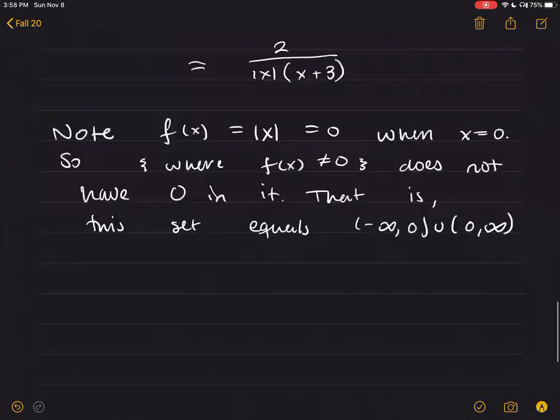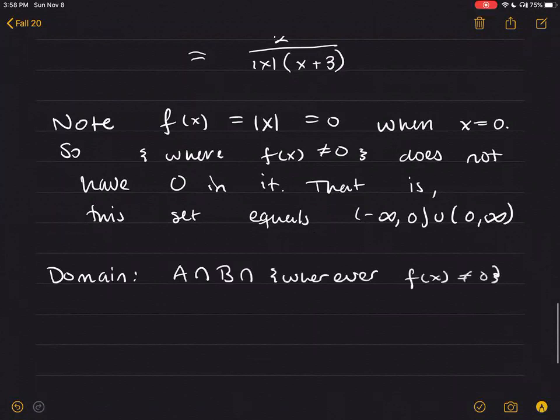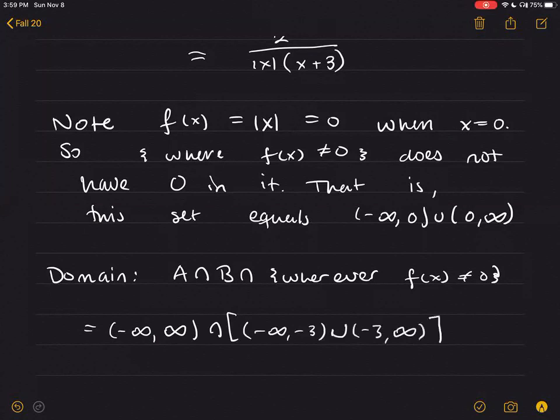And so then we go to do our domain, which is going to be A intersect B intersect wherever f of x is not 0. That's going to be, remember, A from above was negative infinity to infinity, and then B from above was negative infinity to -3, union -3 to infinity.